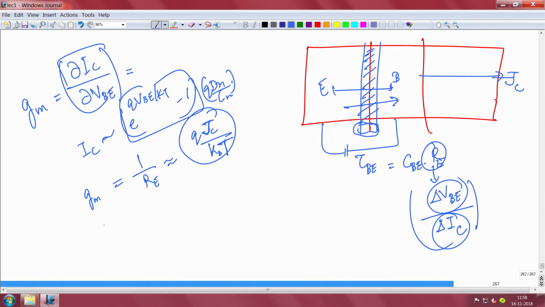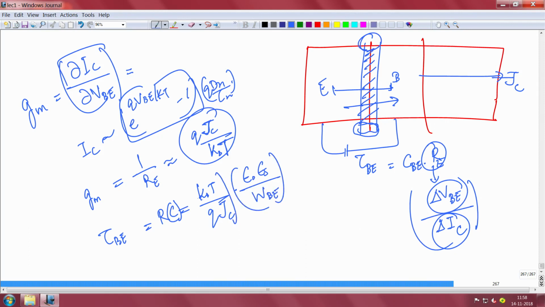Then the delay tau BE will be the RC delay. R is the inverse of this, which is kT by q times the output current, and C is epsilon naught epsilon S times area, and if I normalize with respect to area, it doesn't matter, divided by the base emitter depletion width. The base emitter depletion width is very narrow, okay.